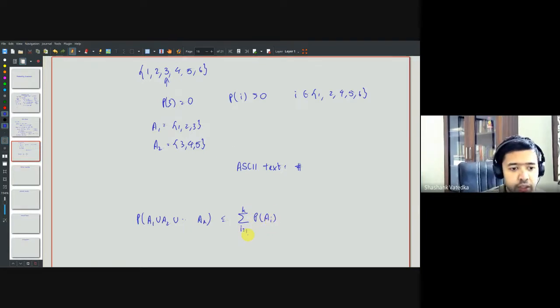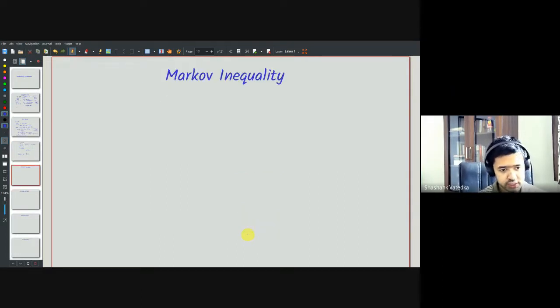Okay. But now typically I'll also want certain bounds on the probabilities of certain events. In particular, I want to know the probability that a particular random variable takes a value larger than a certain amount. For that, a very generic inequality is the so-called Markov's inequality, and it says the following.